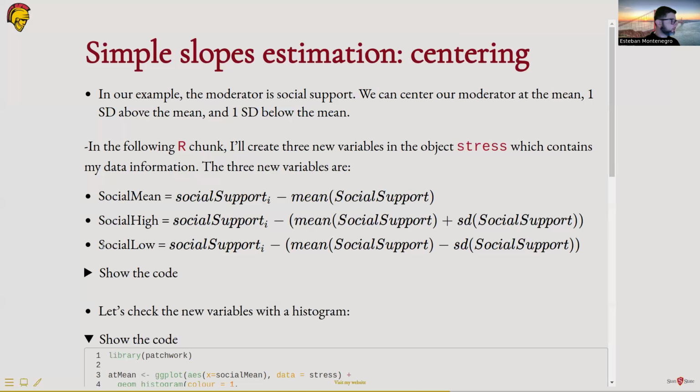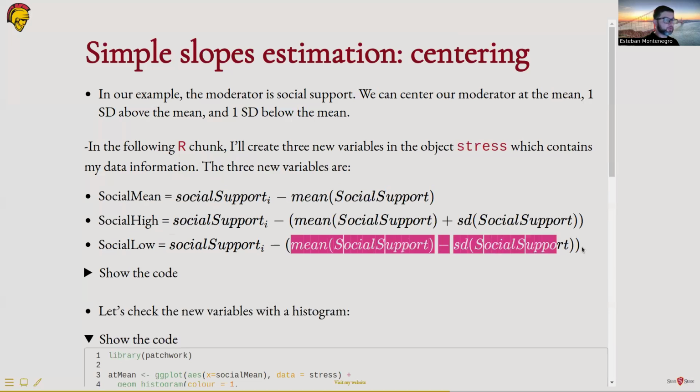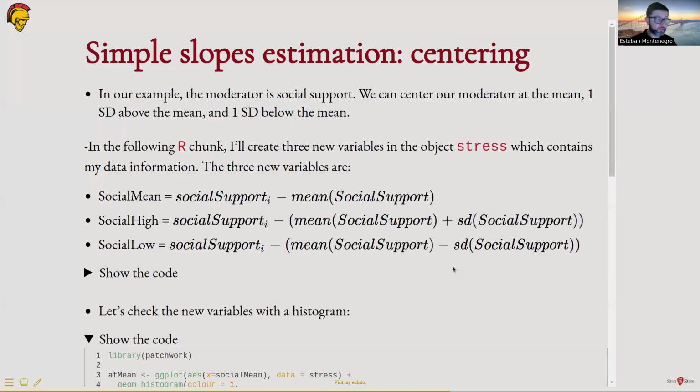And in the other, you will create another column that estimates the distance of each individual from the value that represents one standard deviation below the mean, right?